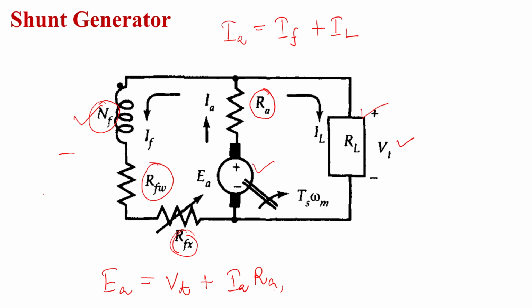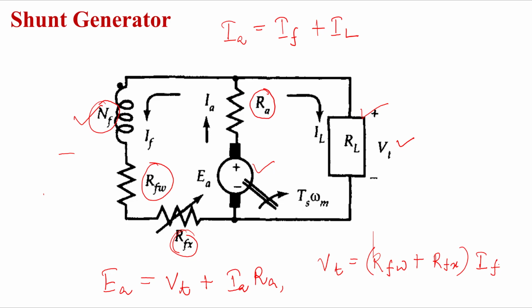Any other equation you need to write in the field equation? If you write, what will it be? Field equation will be VT equal to (RFW plus RFX) into IF. So these are the three governing equations under steady state for the shunt connected generator.